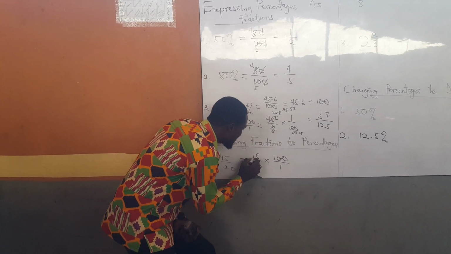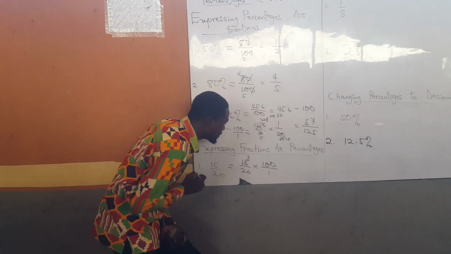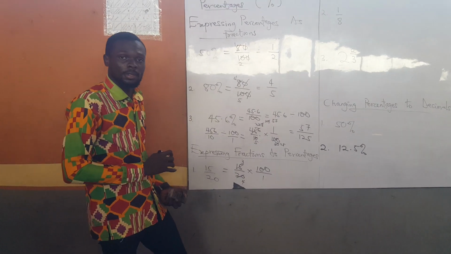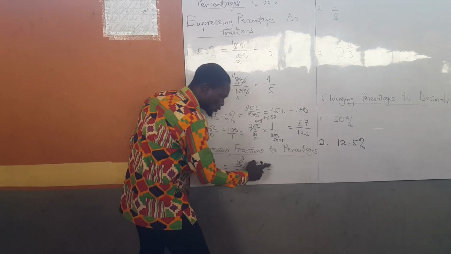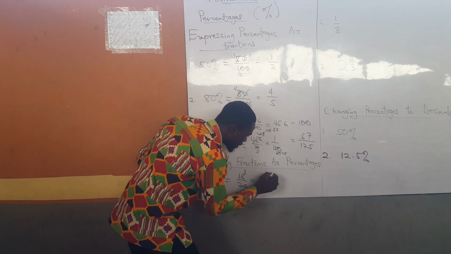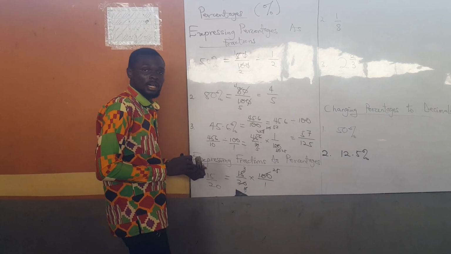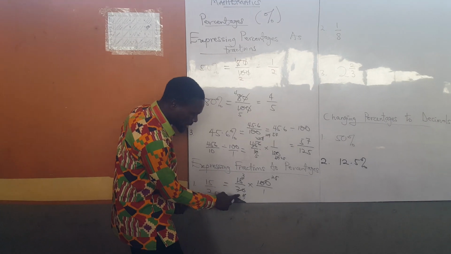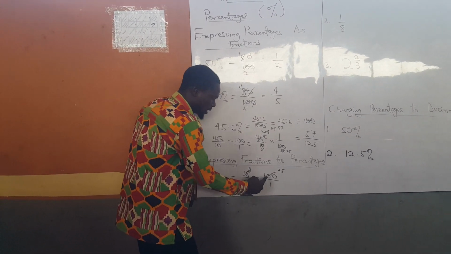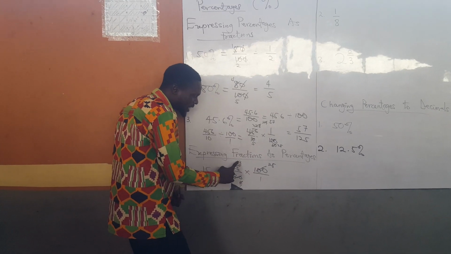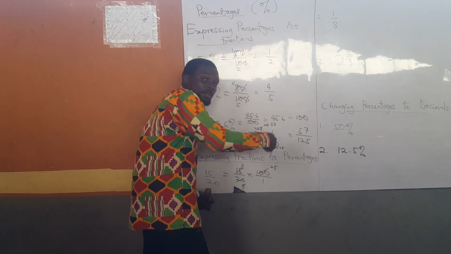So I can say that 5 will go into 15 3 times. 5 will go into 20 4 times. This 4 can go into 100 or can divide 100. So 4 here 1, 4 here 25. Now you are having the numerator here as 3, the denominator here as 1. Then you are having 25 here over 1. So multiply 3 times 25.